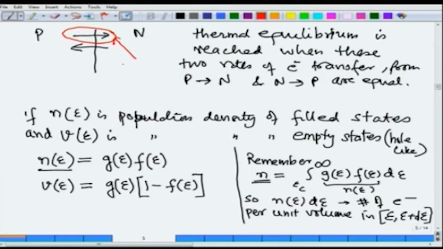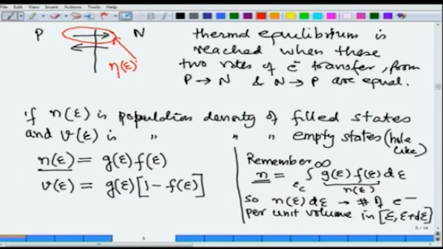One is the number of filled states on the p side.